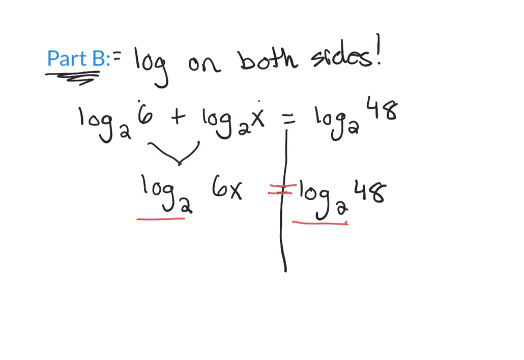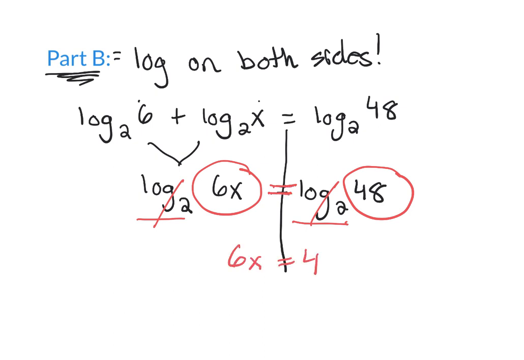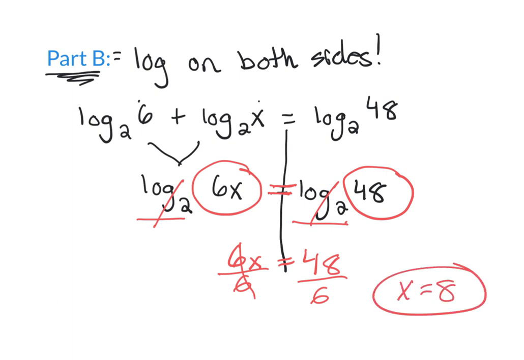The only way that they're equal to each other is if this equals this. So I don't even need to worry about exponential form. I just need to know that my 6x has to equal 48 for this to be equal. So then solve for x. Divide by 6, divide by 6, x equals 8. And we're done.